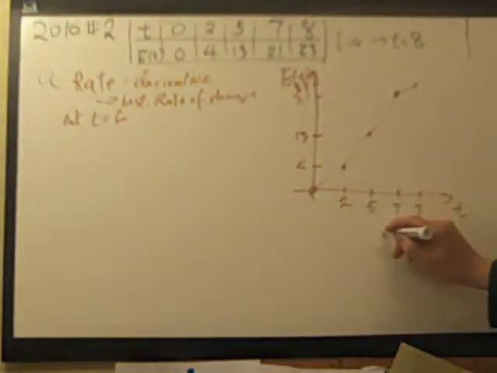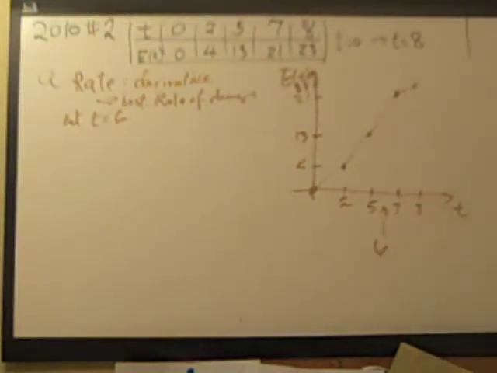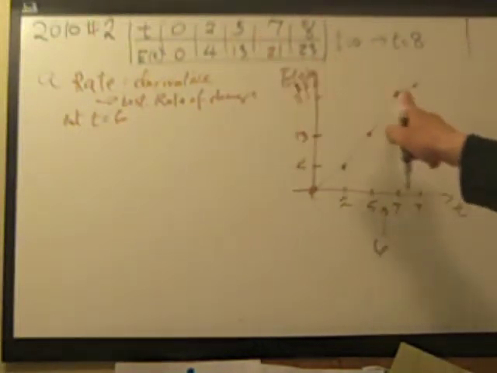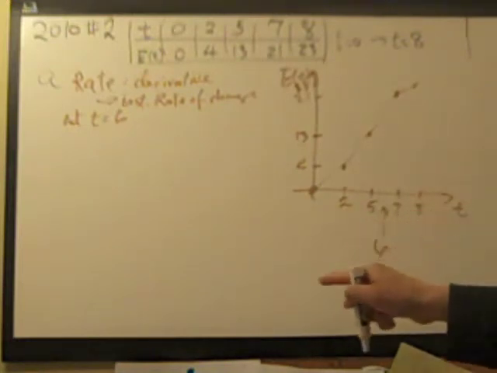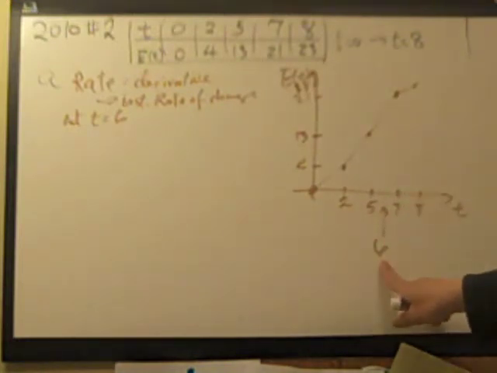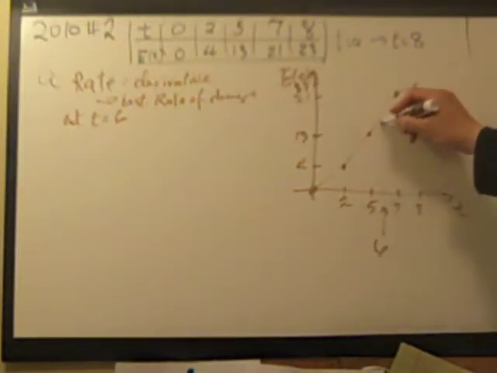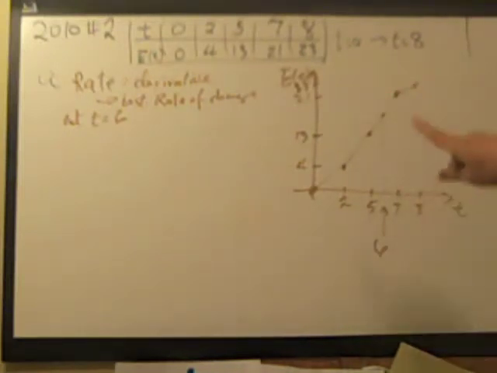The t equal to 6 is right here, but we don't have t equal to 6. So the only thing that we can use is what's closest to t equal to 6, which is between 5 and 7. So we're talking about right here. What's the instantaneous rate at this point?